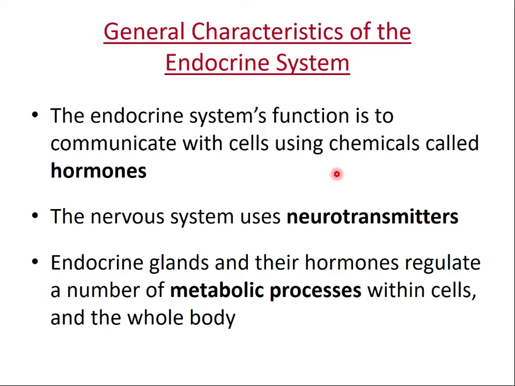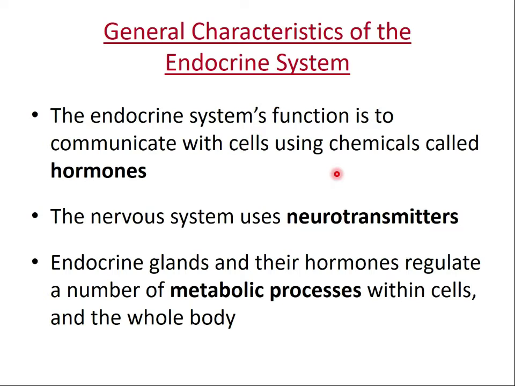The endocrine system functions to communicate with cells using chemicals called hormones. Like the nervous system uses neurotransmitters, we discussed, that are used between the synapses, communicating between different nerve cells.